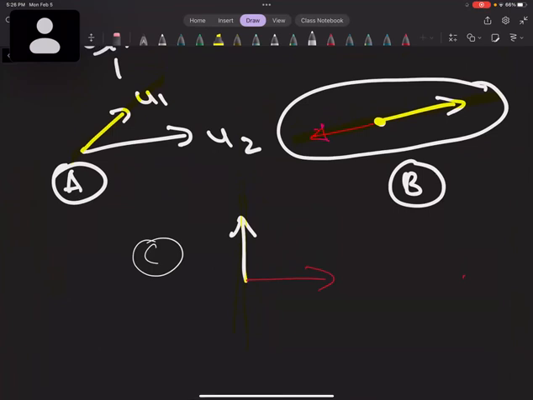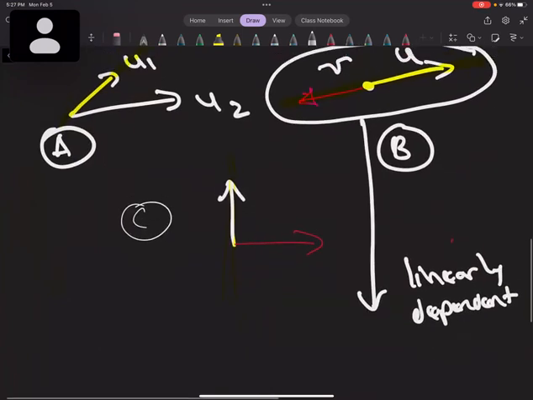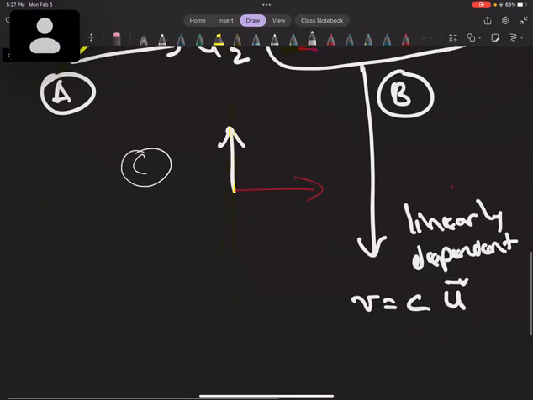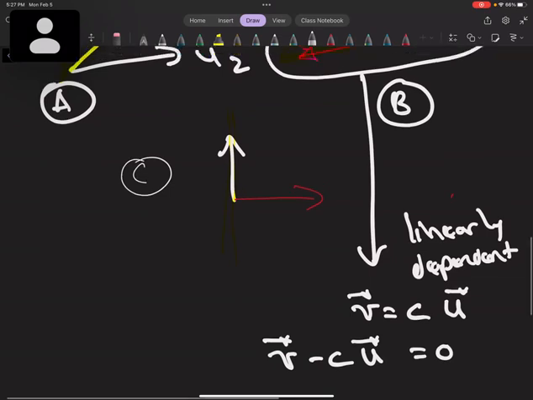So let's say this is U and this is B. So they are linearly dependent, because B can be written as a constant times U. Okay, and then you could say B minus CU equals 0. So that's where the definition is coming from.